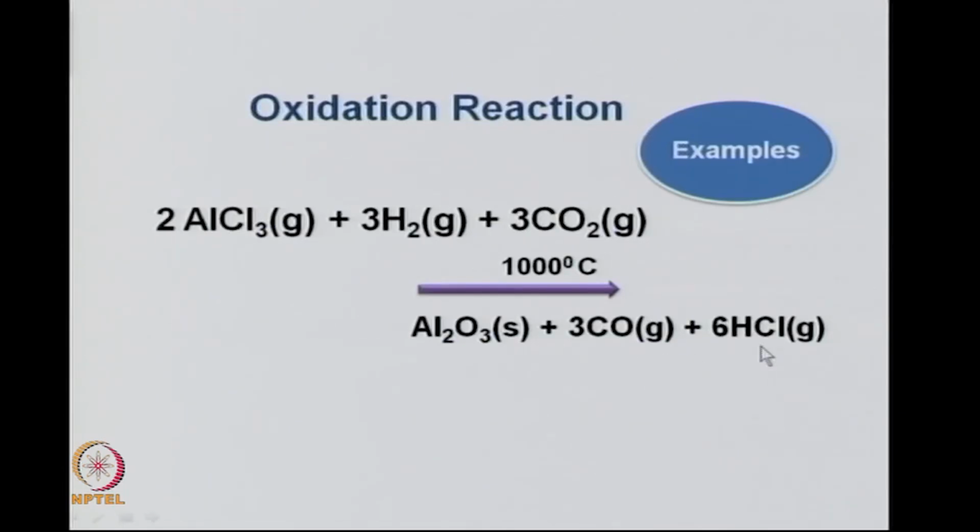So, these two are gases, and this is the only solid material. So, this will deposit on the substrate and give you the film. You are using oxidation conditions to make aluminum oxide or alumina films from aluminum chloride, and this is again a typical chemical vapor deposition process.